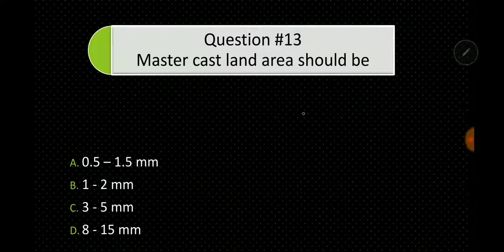So you have to trim. You have an area of stone and then you have teeth here. When you are trimming the cast, this area is called the land area. So how thick should that area be?